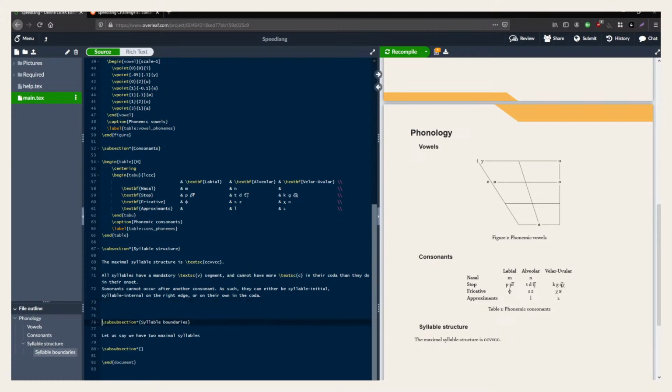I'm actually going to copy that here and have a maximal onset principle, which is just a very nice principle I really like to use. It makes dealing with what is a syllable much easier.